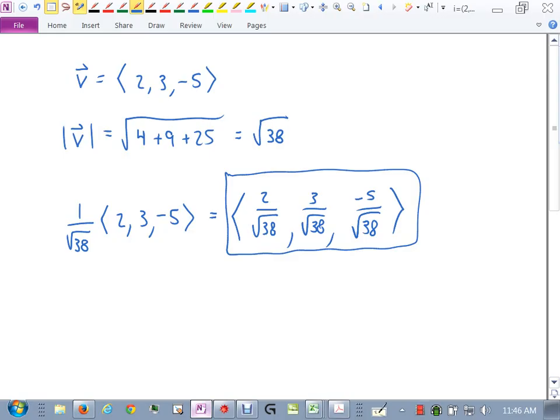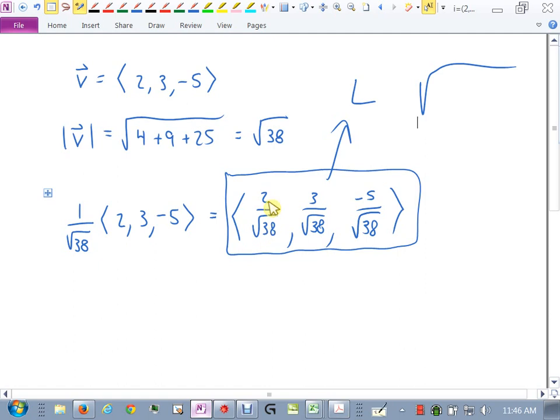How could I check it has unit length? Find its magnitude, right? Find the norm. So if I said, tell me what the length of that is, you would take the square root and you would do each of these squared, right?